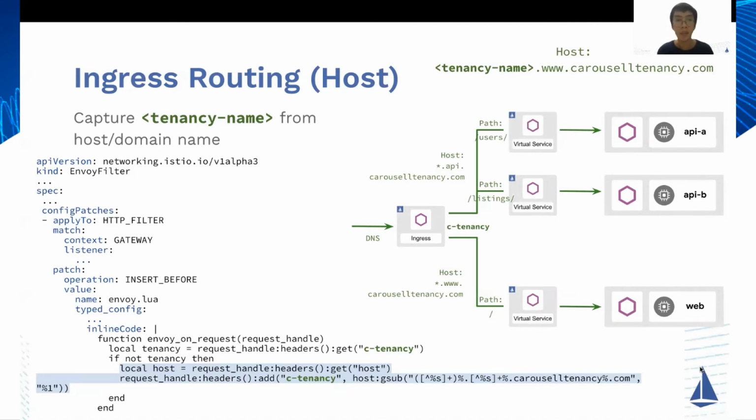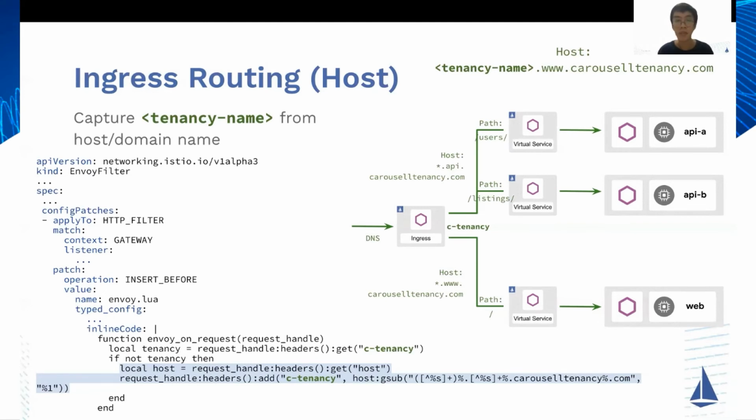Istio allows us to have a simple Lua script. There we deploy our envoy filter, which basically captures the host name, takes the first part of the host name, and puts it as the C tenancy header. This way, we will have a quite seamless flow.